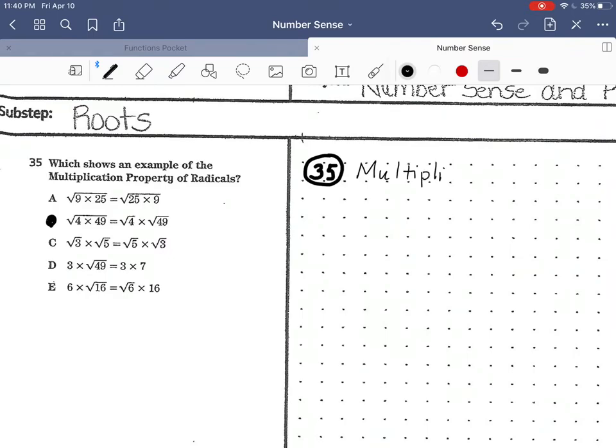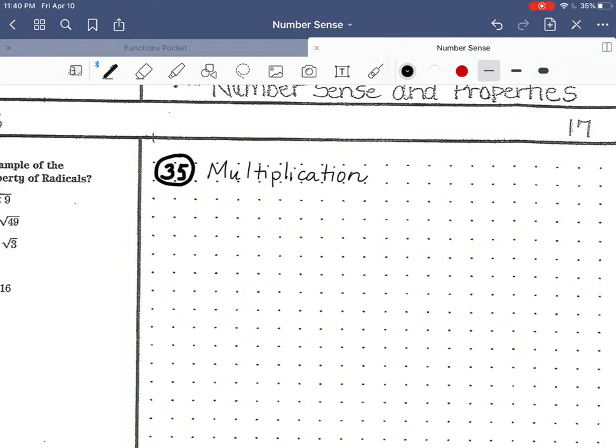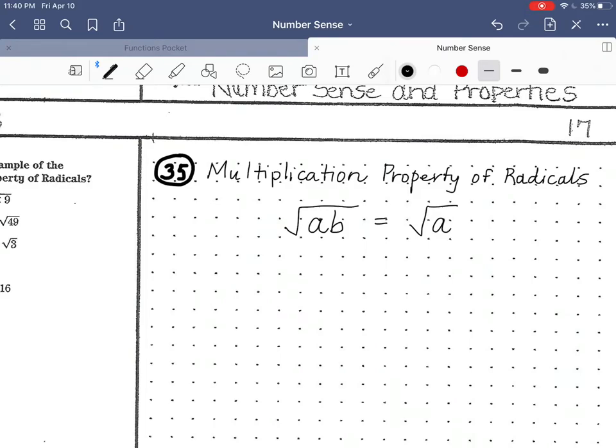The multiplication property of radicals says this: that the square root of a times b is equivalent to the square root of a times the square root of b.